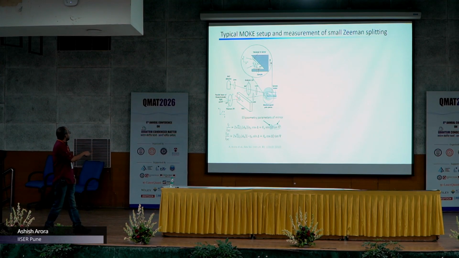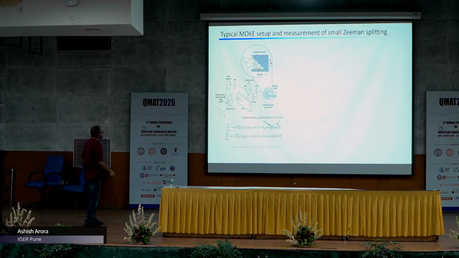A typical MOKE setup is here, where there is a photoelastic modulator which modulates the state of polarization. Light reflects from a mirror, then from the sample, and goes to an analyzer and a detector, which is a PMT in this case.